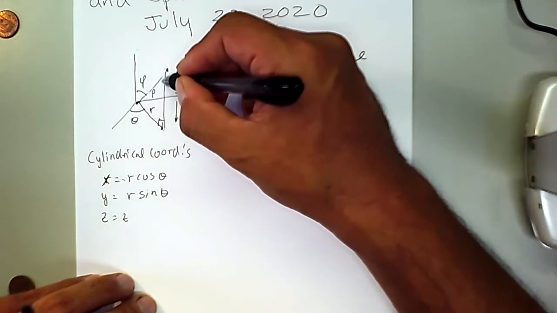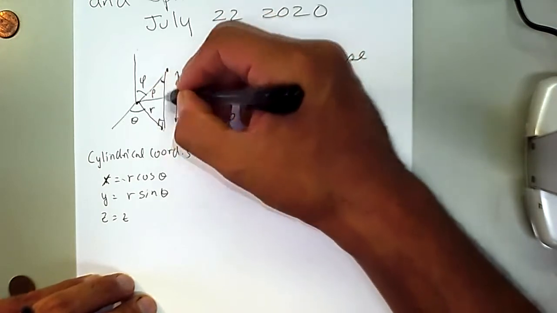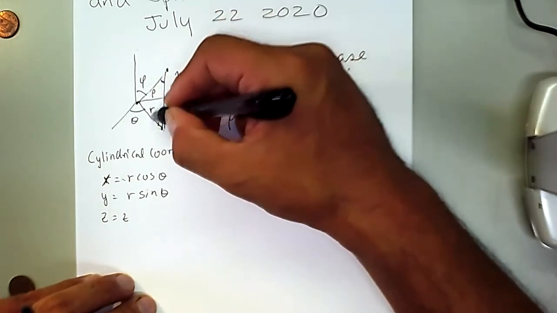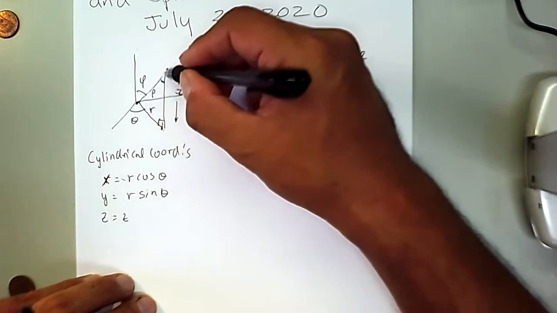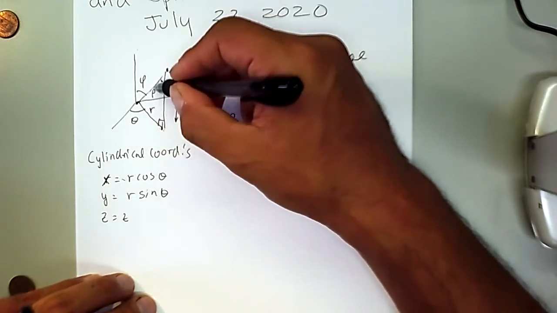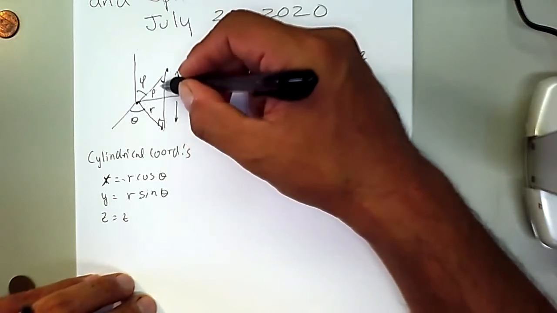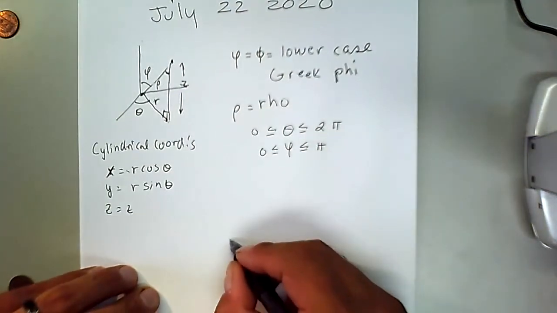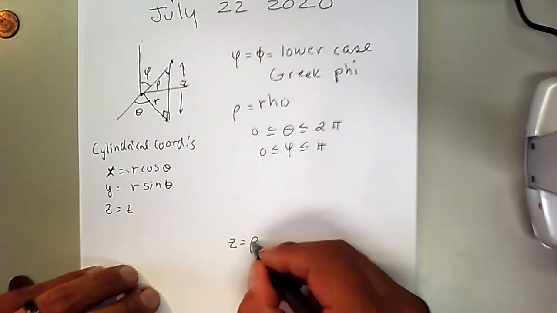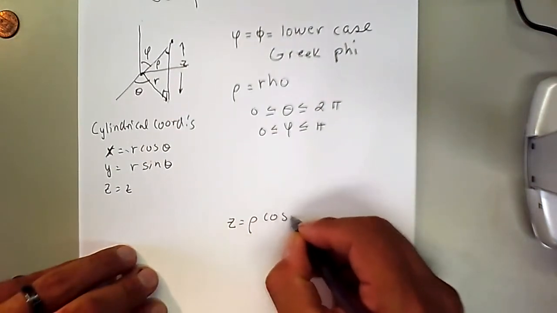Since we have a right triangle and this is rho, then z is rho times the cosine of phi. So z equals rho cosine phi.